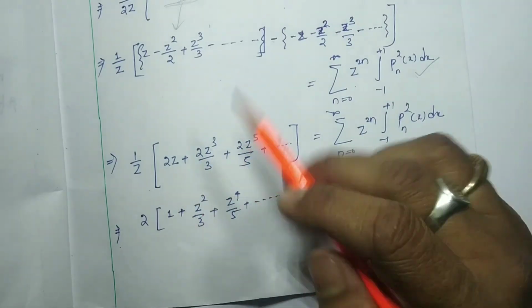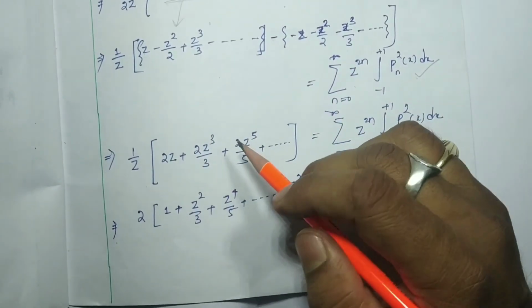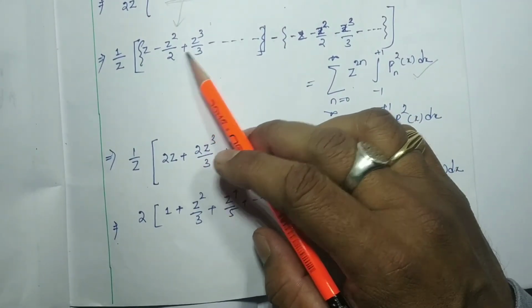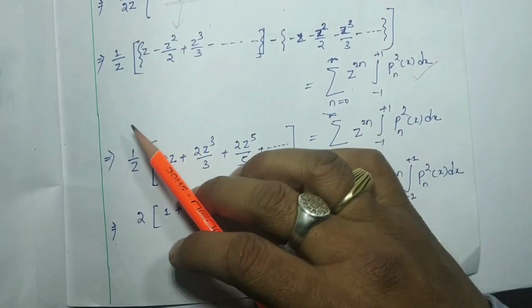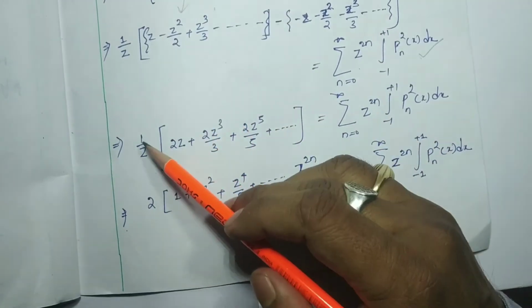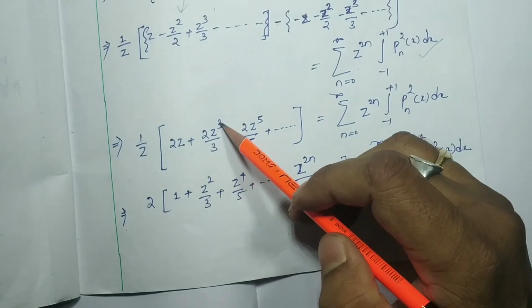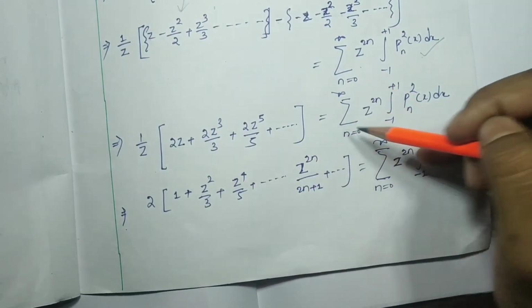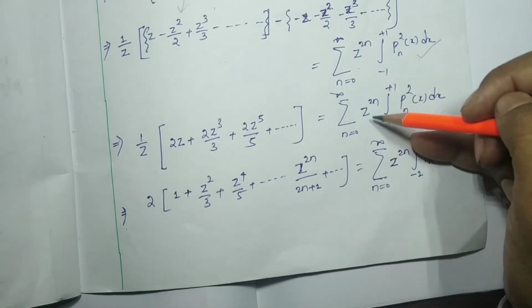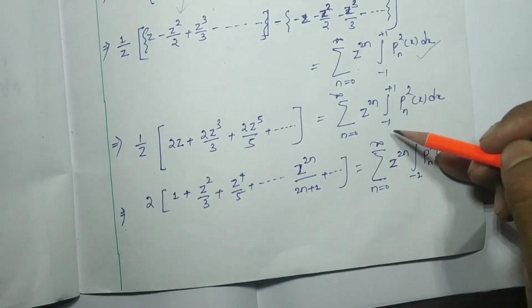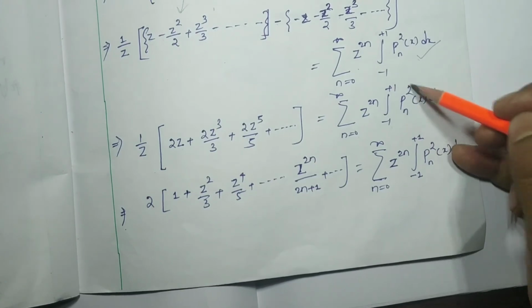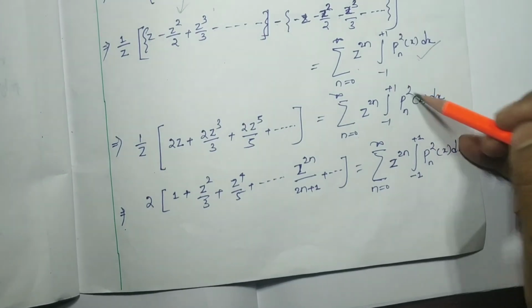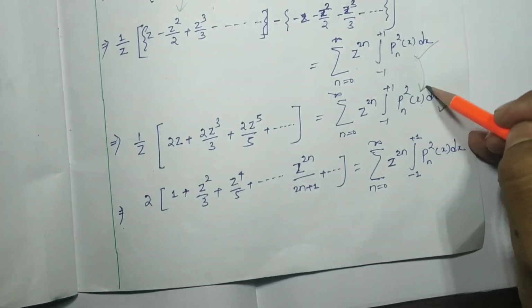So only odd powers remain, and the even powers of z are cancelled out. So 1 by z times [2z plus 2z cube by 3 plus 2z to the 5 by 5 plus and so on] is equal to the summation n equal to 0 to infinity z to the power 2n, integral from minus 1 to plus 1 of Pn square x dx, same thing, nothing changed.